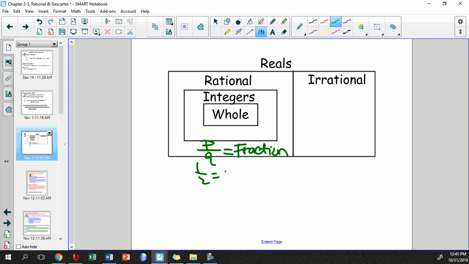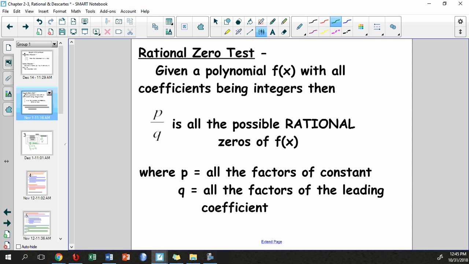Fractions are half, which is 0.5, or a third, which is 0.33 repeating. Correct? Irrational numbers are numbers like the square root of 2 or pi. Do we all understand that? So rational numbers are all the numbers that your brain likes to do calculations at.